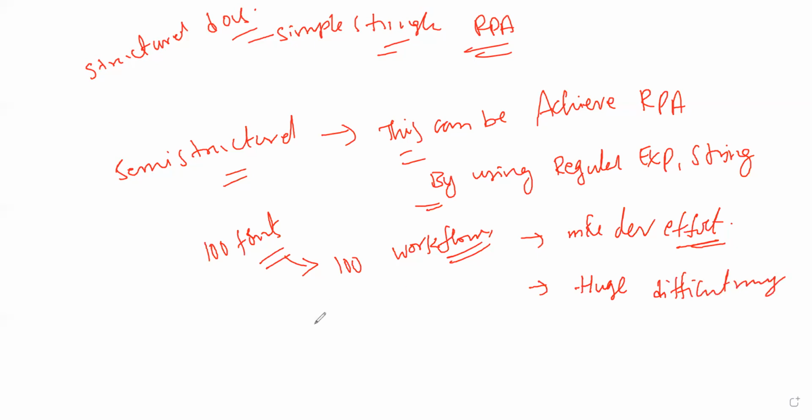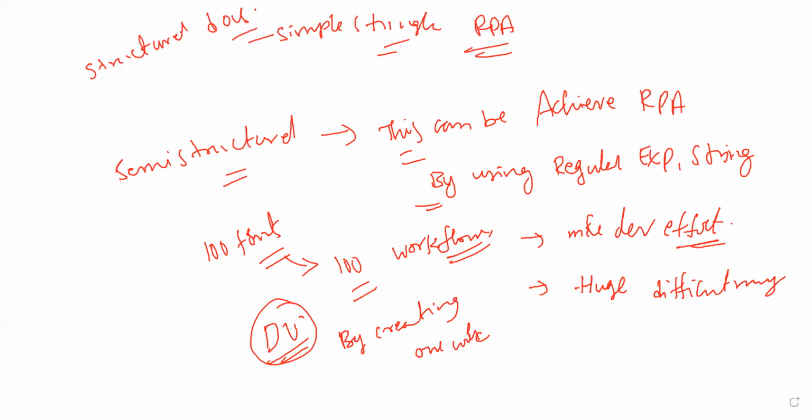Here document understanding gives an advantage: by creating one workflow, we can automate all these different formats. That is the value UiPath Document Understanding brings to us.